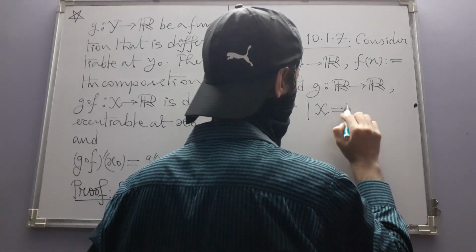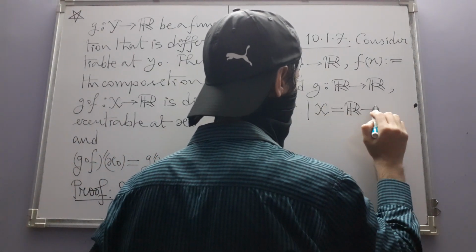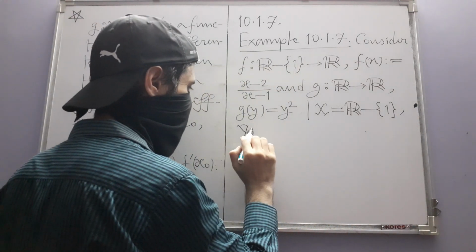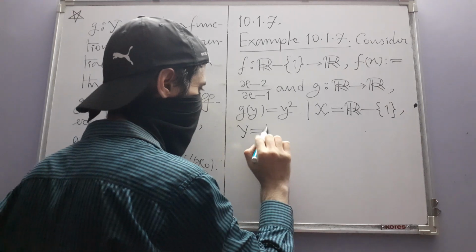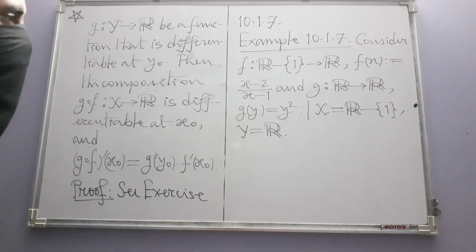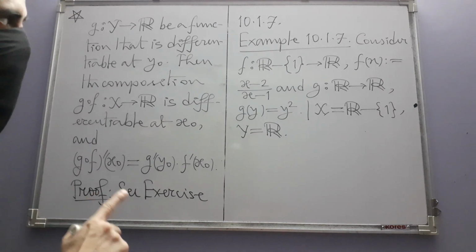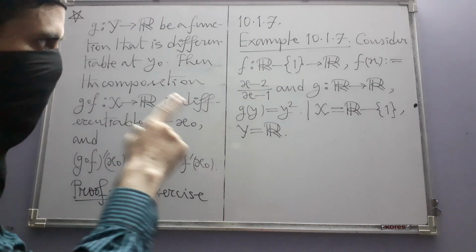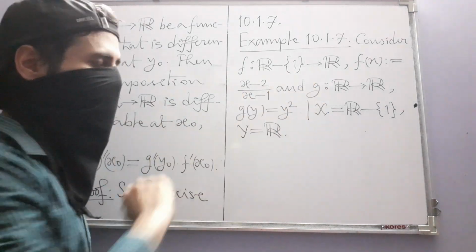For us now, X is R minus 1, Y is R, and R of course is R. Okay, so f is a function from X into Y, and g is a function from Y into R.